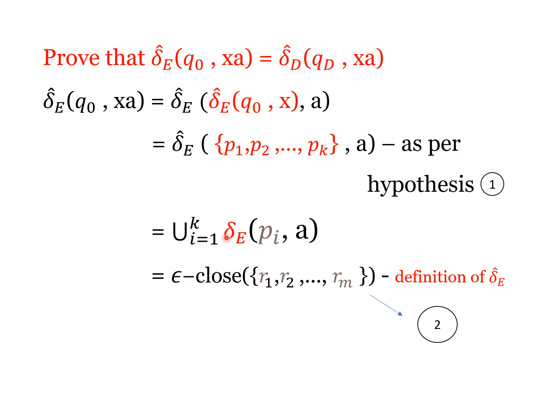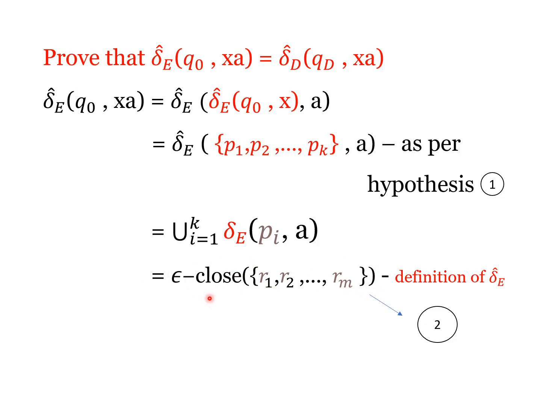We have to find the state where the epsilon NFA is going from the state Pi on taking the input A. So as per the definition of extended transition of epsilon NFA, it is going to have a set R1, R2, etc. Rm, and we want to take the epsilon closure.